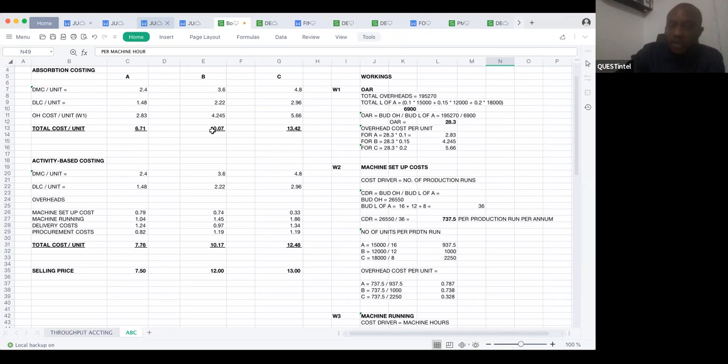Product B, no challenge particularly, because both under absorption costing and activity-based costing, the cost is less than the $12 selling price. And that's the real consideration we're making.